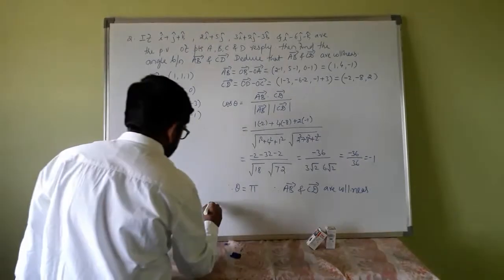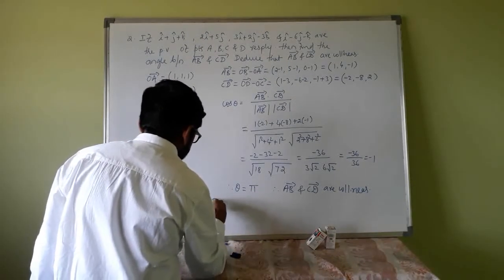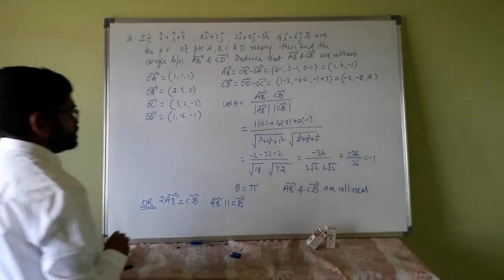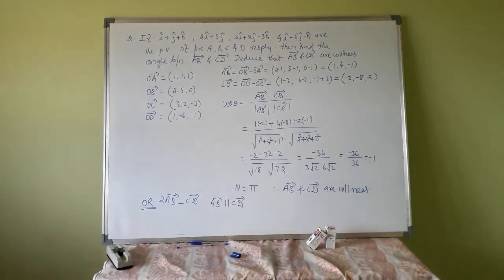Therefore, AB is parallel to CD. So those two are collinear. AB and CD are collinear.